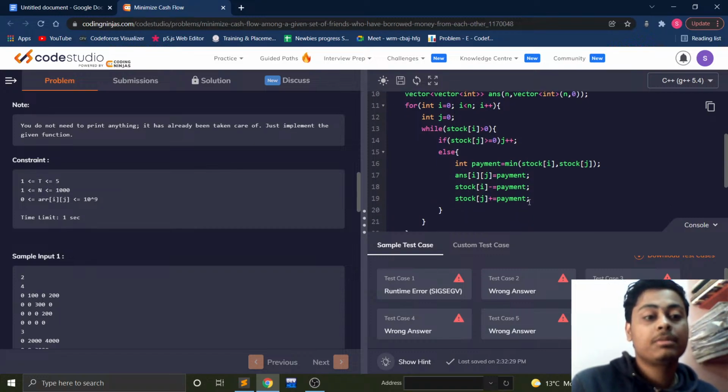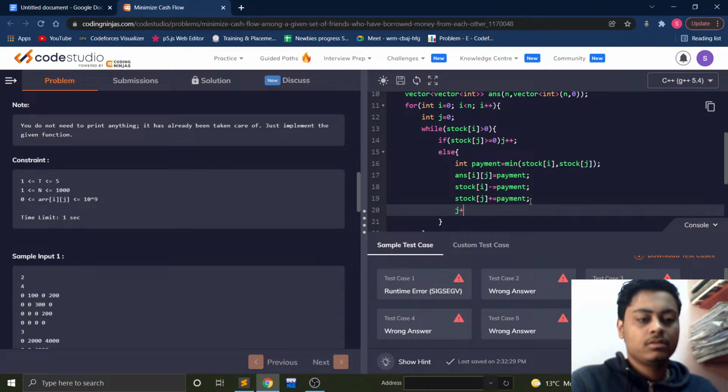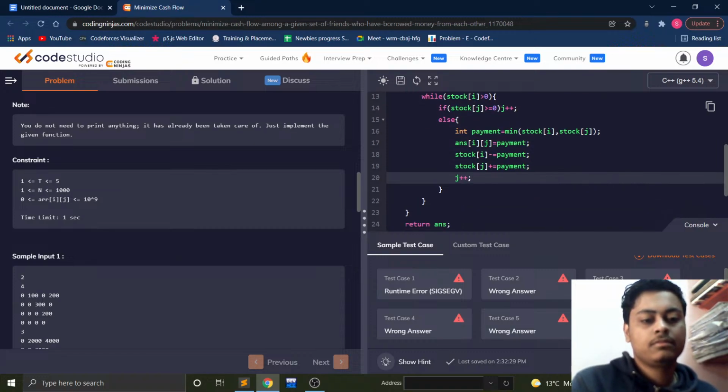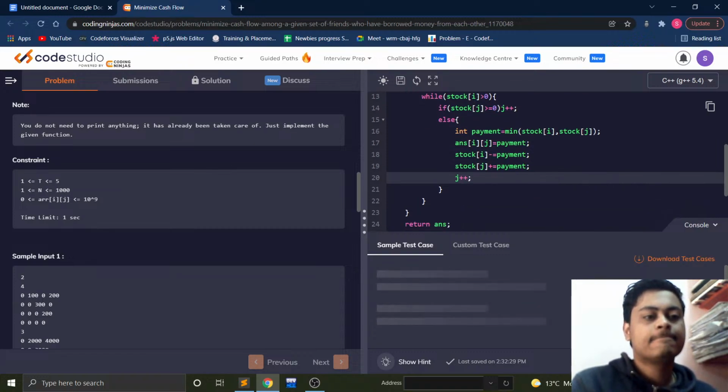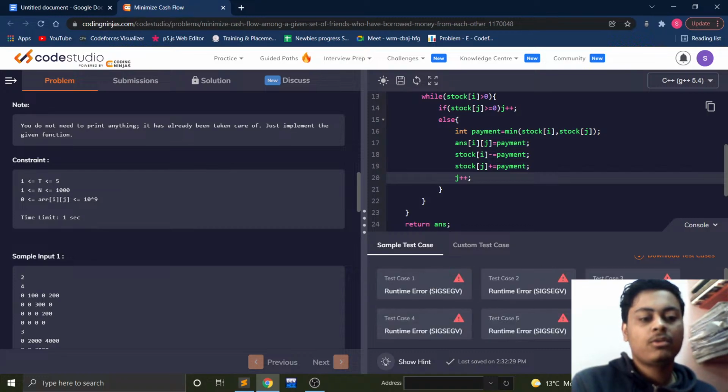Okay, and then we have to do j plus plus as well. Yes, the last. Now all runtime errors.